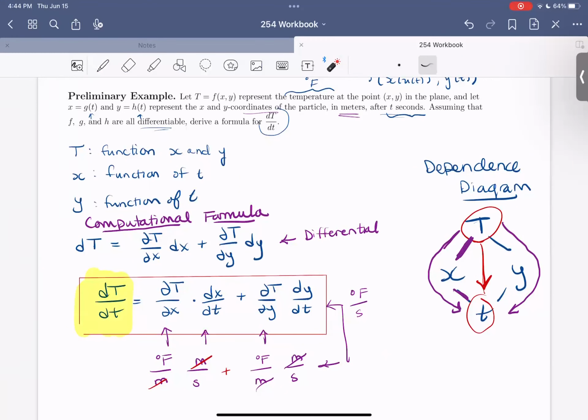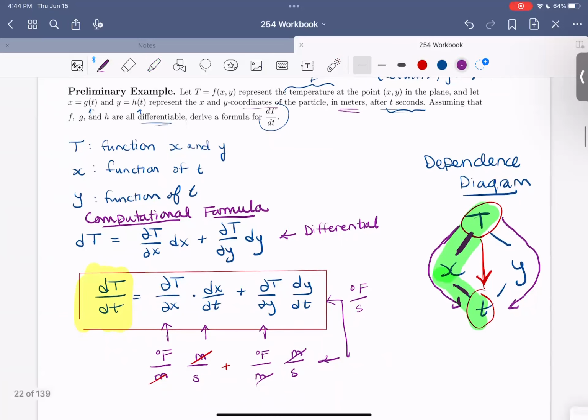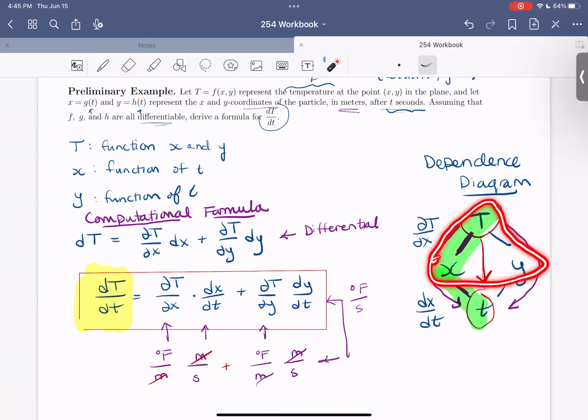So the first way, I'll highlight here, going through x, what is involved in that is first taking the partial with respect to x, and then the derivative of x with respect to t. Notice again that there's only one input going into x, while there are two inputs going into T. So we take a partial of big T, but we can take a complete derivative of little x.